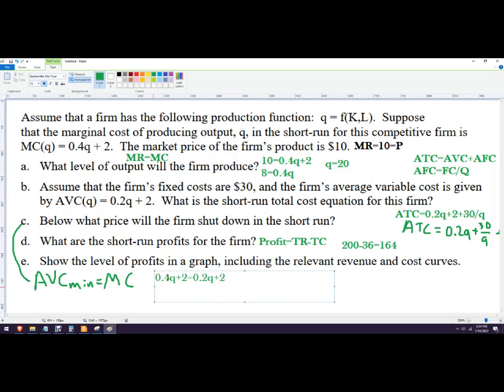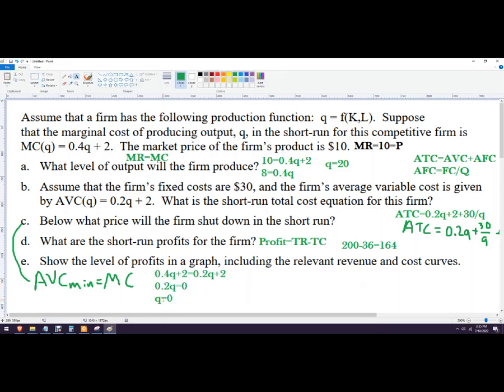This side is the marginal cost. This side is average variable cost. I set them both equal to each other. The 2's are going to cancel out. Bring this over here. So I got 0.2 Q equals 0. Divide both sides by 0.2, and I get Q equals 0. So the shutdown quantity is 0.